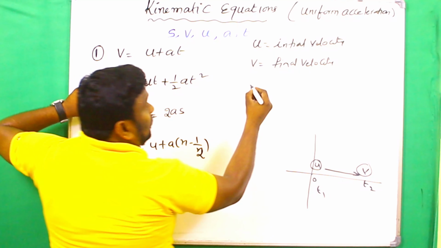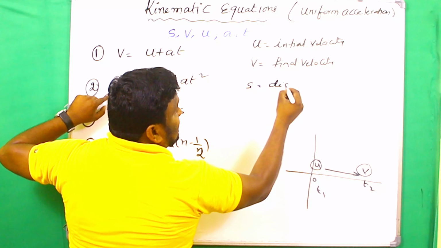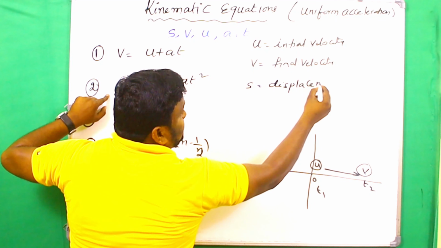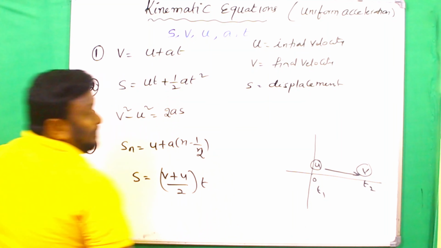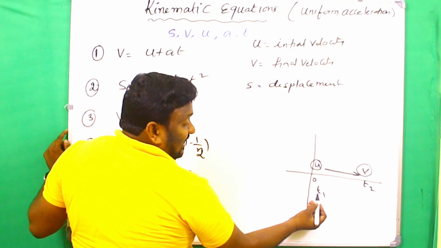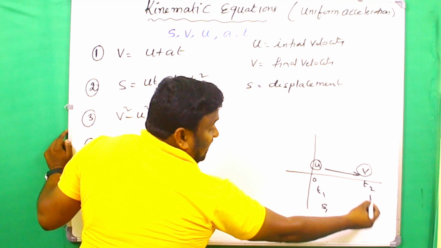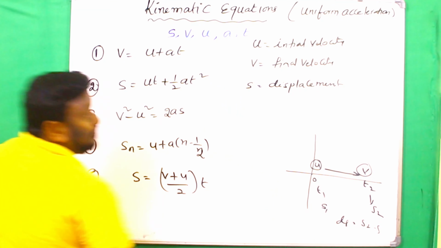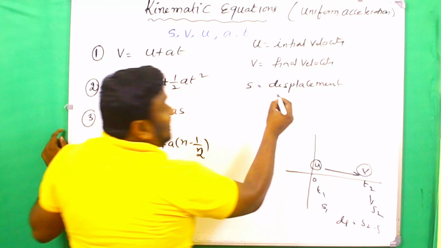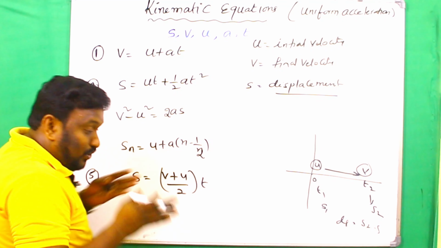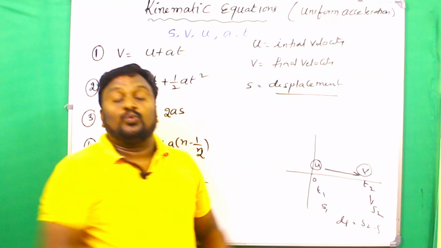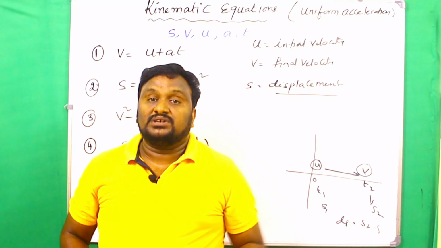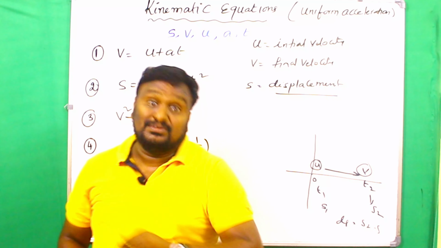And now here S is the displacement covered. For example, at the time t1 displacement is s1 and it is s2, then displacement is s2 minus s1. Clear? When the body is moving along a straight line, distance and displacement are similar.